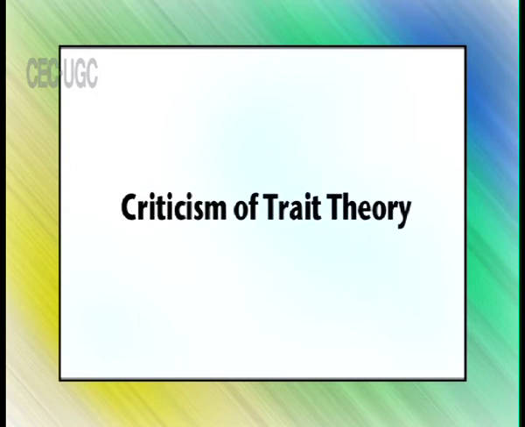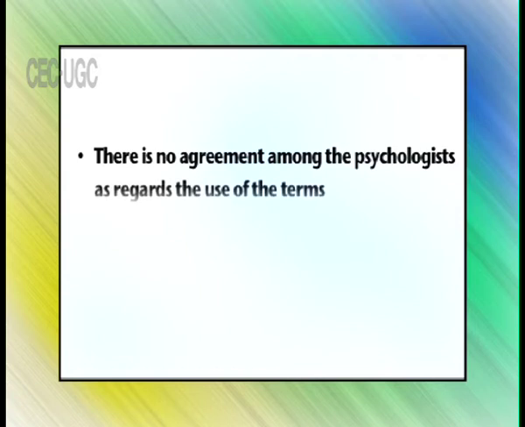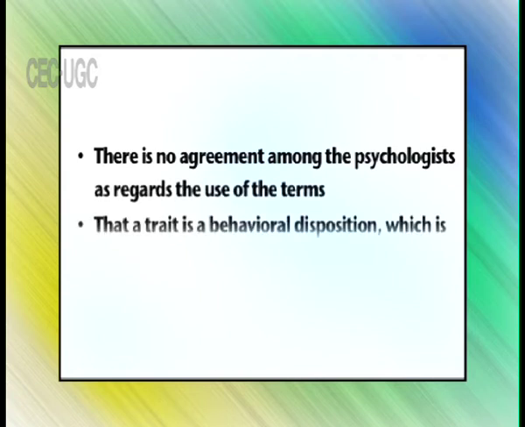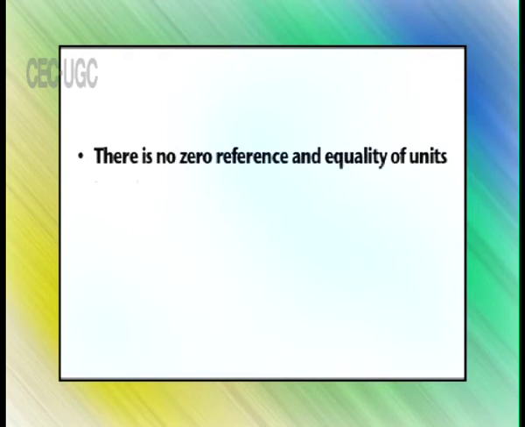Criticism of trait theory. There is no agreement among the psychologists as regards the use of the terms. There is a view that a trait is a behavioral disposition which is consistent and does not vary from situation to situation. Another difficulty is the quantification of human traits, because there is no zero reference and equality of units in trait measurement.